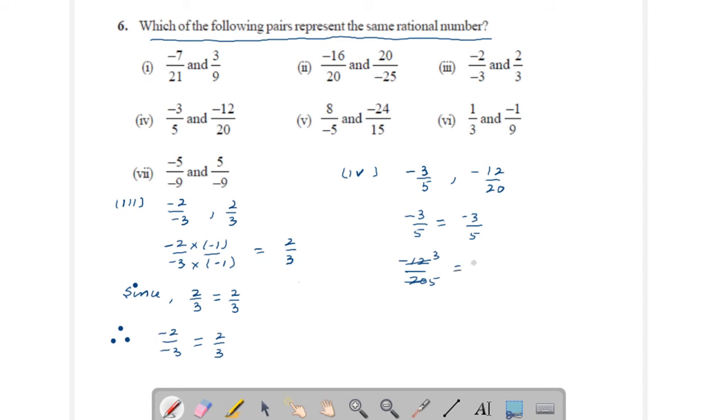We will get minus 3 upon 5. Since minus 3 upon 5 is equivalent to minus 3 upon 5, therefore minus 3 upon 5 is equivalent to minus 12 upon 20. Both are the same.